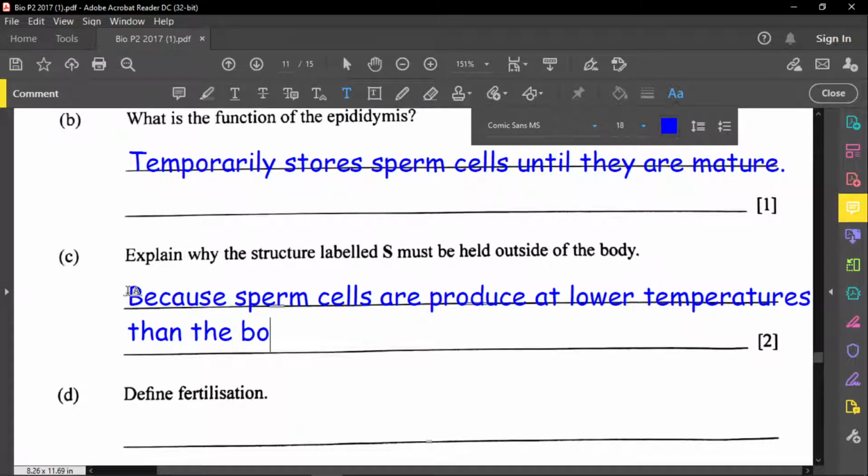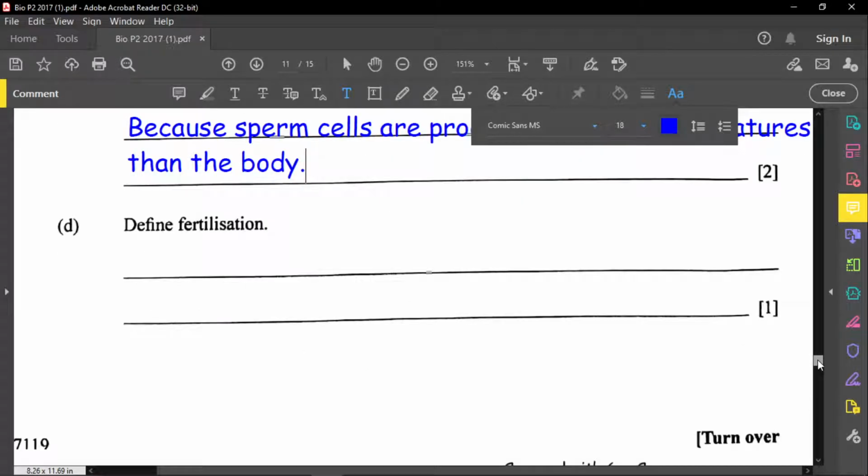So the temperature must be a little bit lower. In colder times, the testes will ascend closer to the body and become warmer. And in warmer times, the testes will descend and move away from the body to become a little bit cooler. Males will understand that because they would have experienced it if they noticed it.